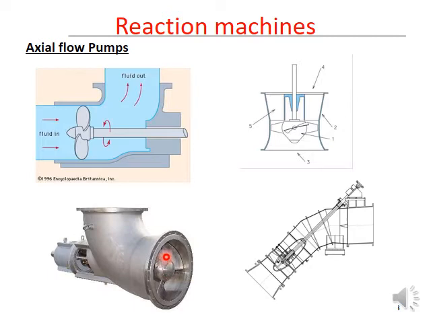These are axial flow impellers. You can see all these in our laboratory. We have axial flow pump impellers, which we have kept open for you to see, and we also have centrifugal pump impellers. You can come and see them.